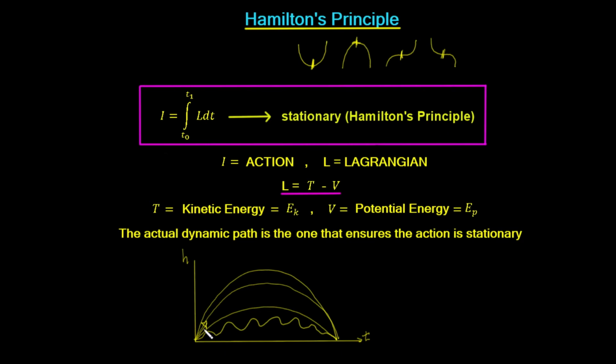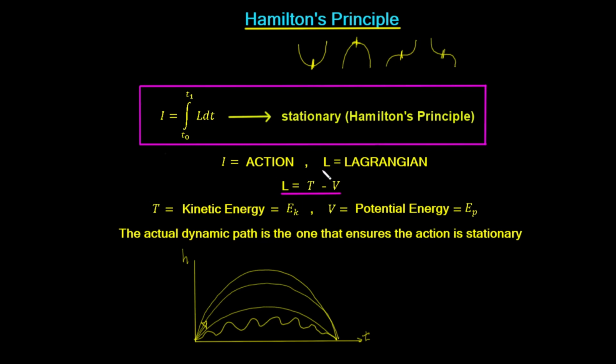The cannonball will always go in the dynamic path that ensures that this value of the action is stationary. So in this case here, really what we're saying is that the difference between the kinetic and potential energies in this, for example here, are going to be minimized.